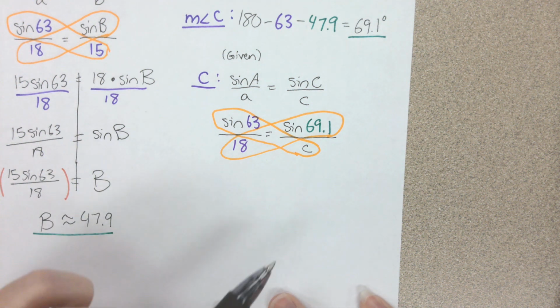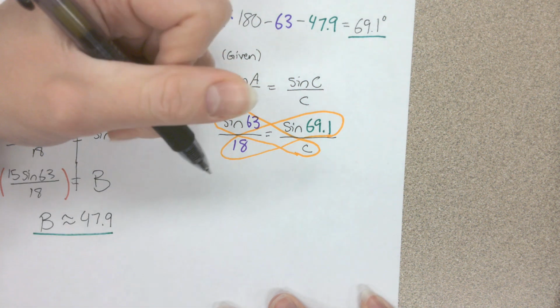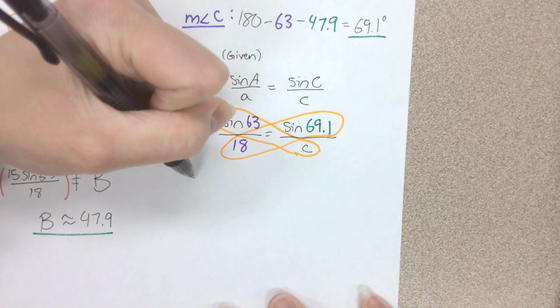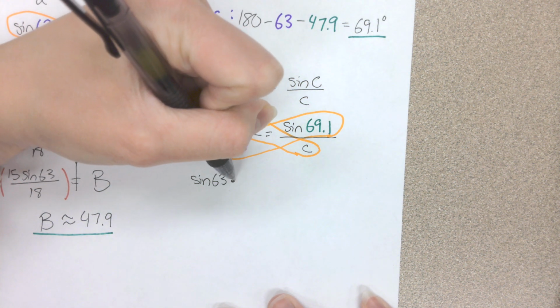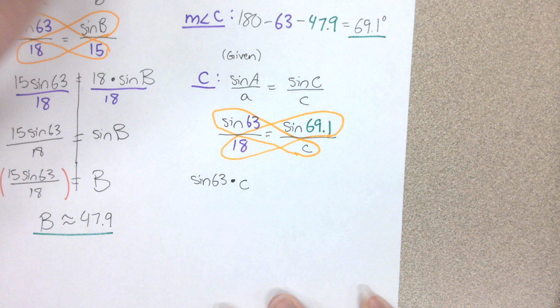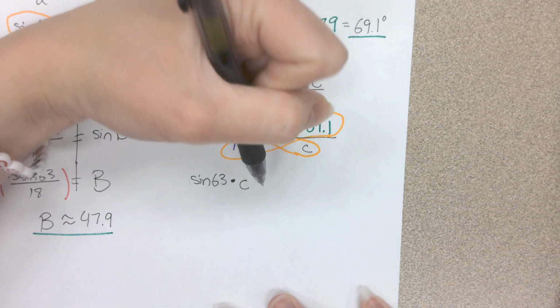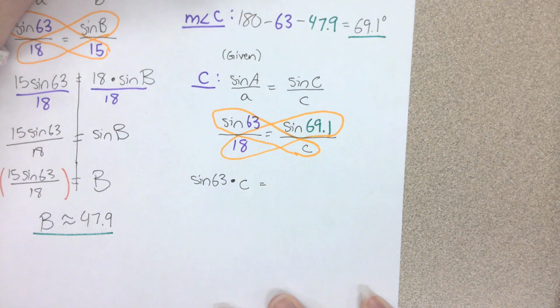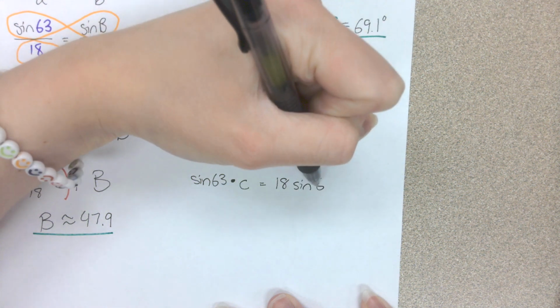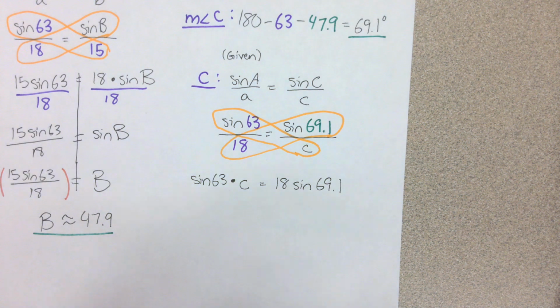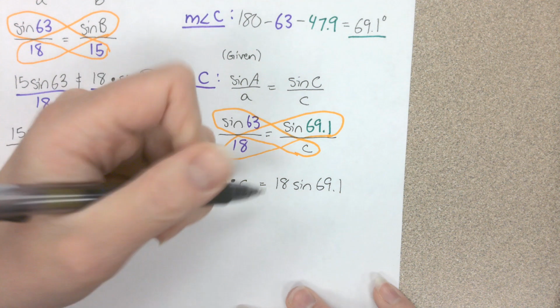Okay, crossing left, we have sine of 63. And again, I recommend writing that times c, create some separation here. Equals, crossing right, 18 sine of 69.1. And then we solve.